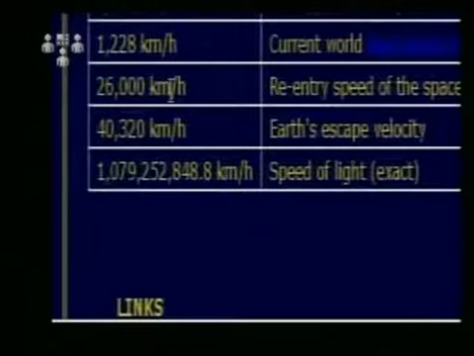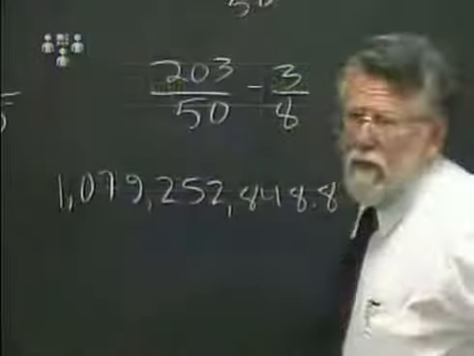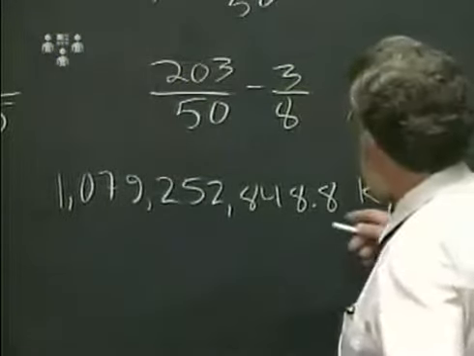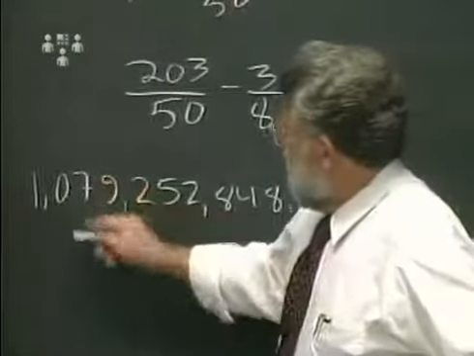Okay, so that is 1 with a comma, then 079. So let me try writing that because it's not reading very well there. So I have a 1,079, then a 252, and then an 848.8 kilometers per hour. And so if I come to the board in that, this is going to be 369.